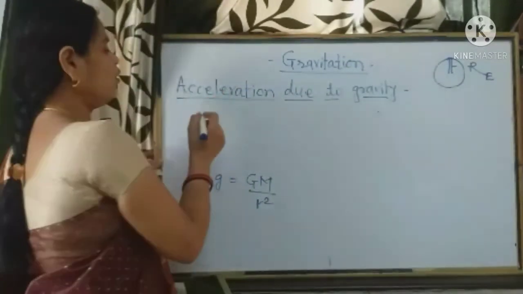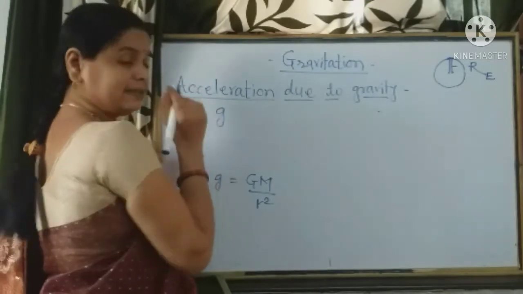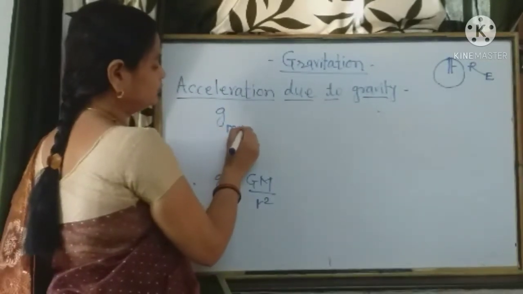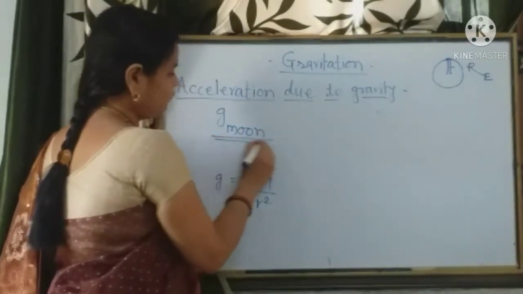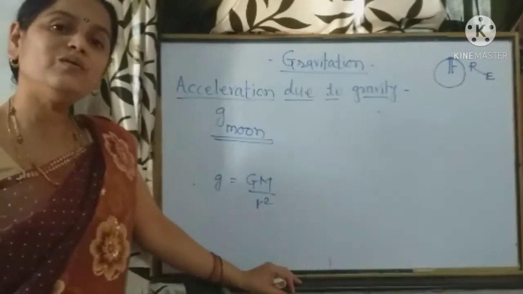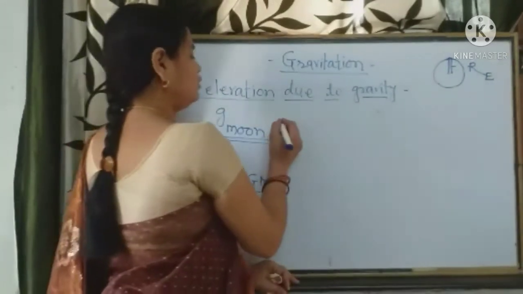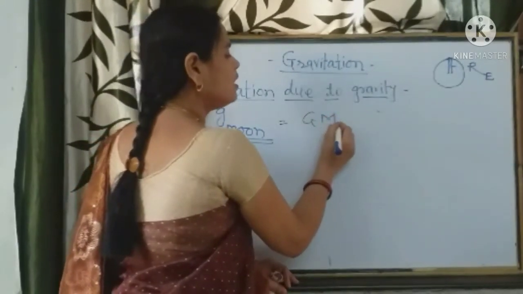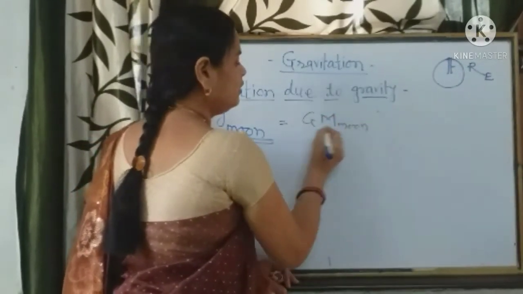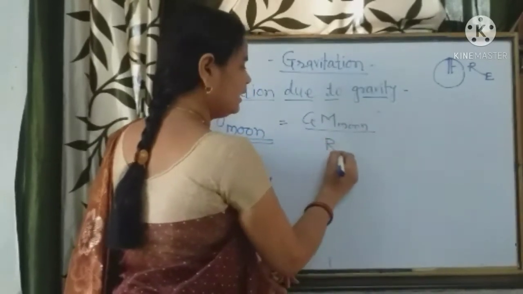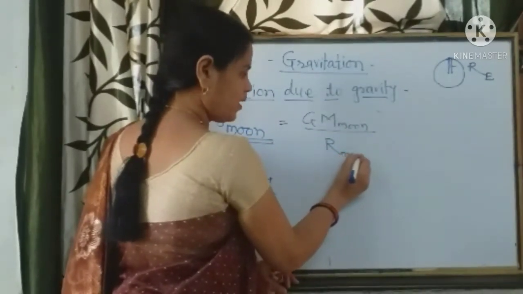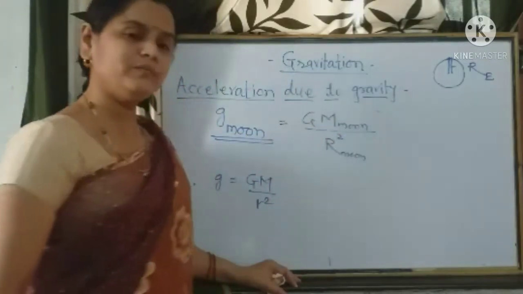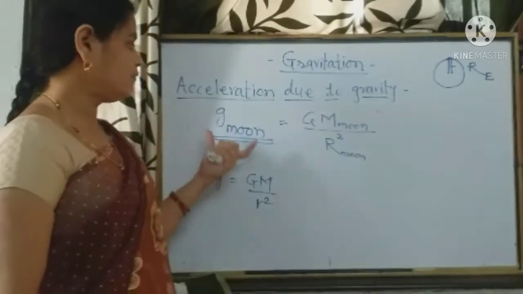Then if we want to find out the acceleration of the moon, what should be the formula? g for moon is equal to G into the mass of the moon divided by the square of the radius of the moon.